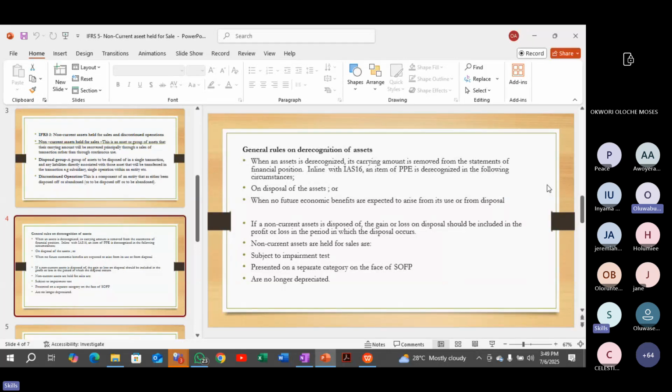So if you are derecognizing it, it is no longer to be put in use. Also, when no future economic benefits are expected to arise from its use or from disposal. Are you with me?